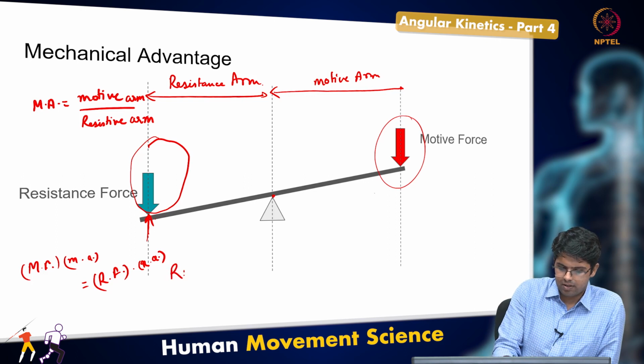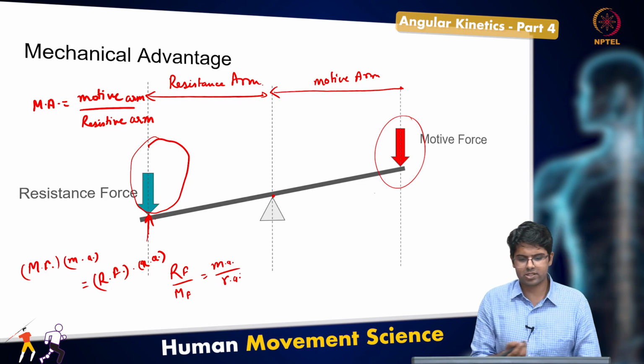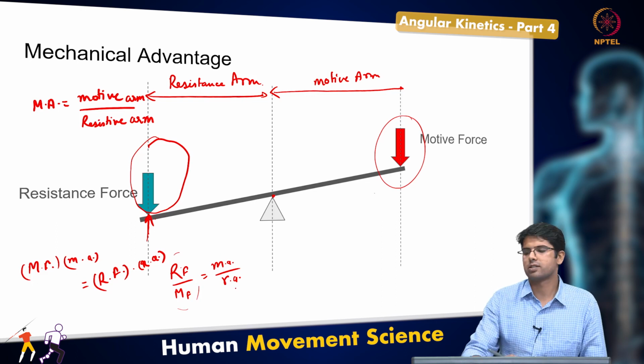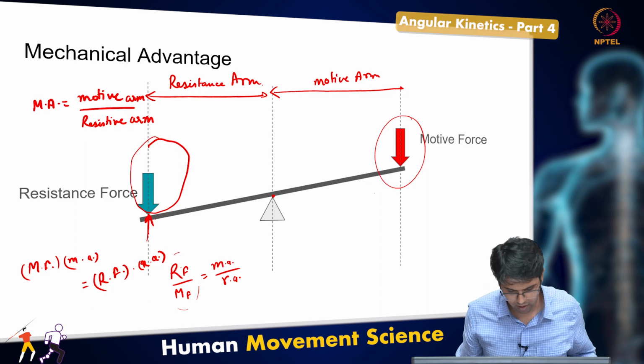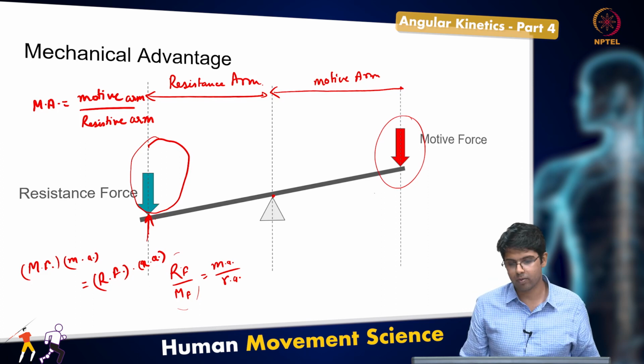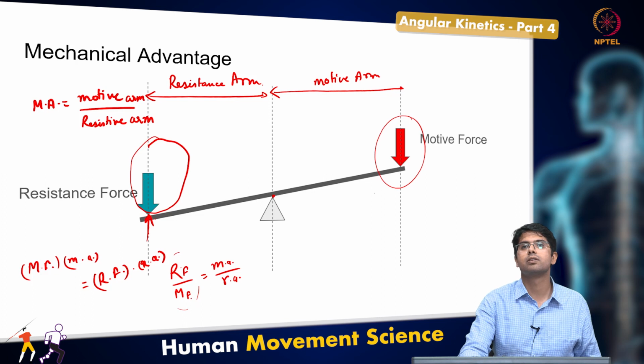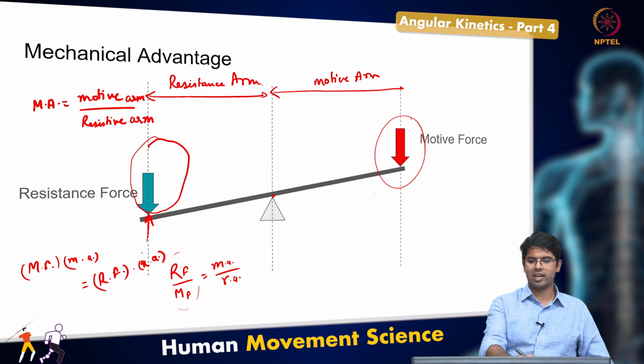Now from this relationship you get resistance force over motive force is equal to motive arm over resistive arm. Okay, so what would you want? If this is a large amount of force and this is a small amount of force, you would want to be able to move this or keep it in equilibrium.